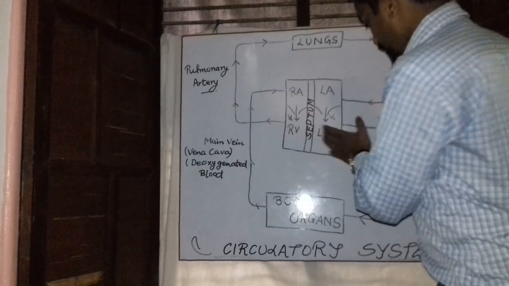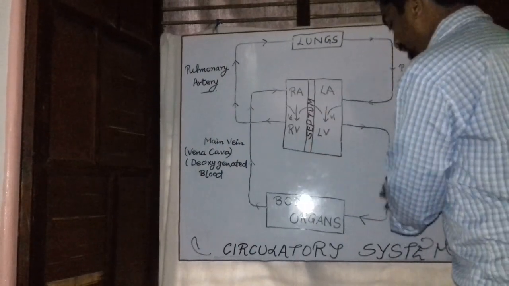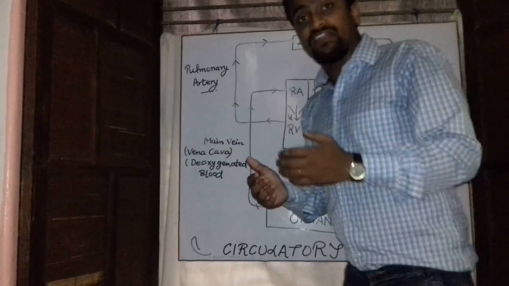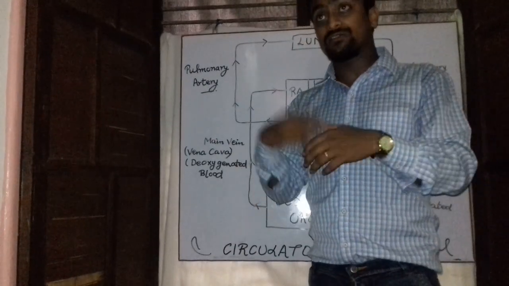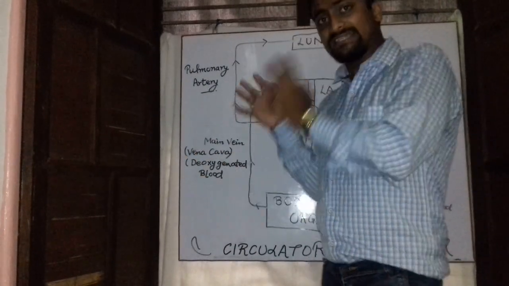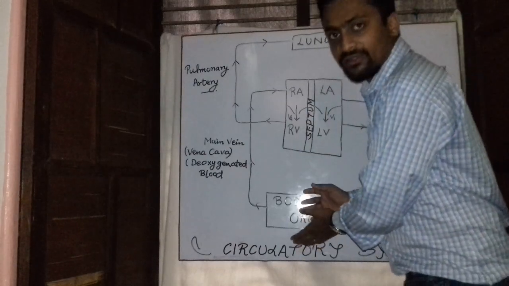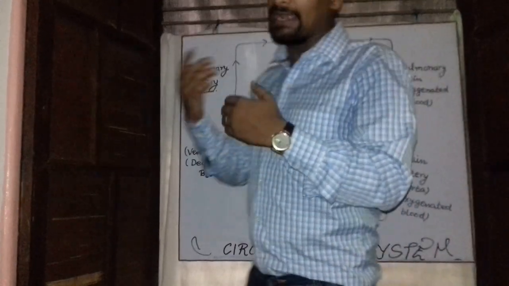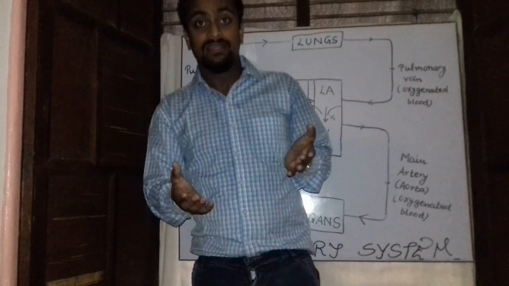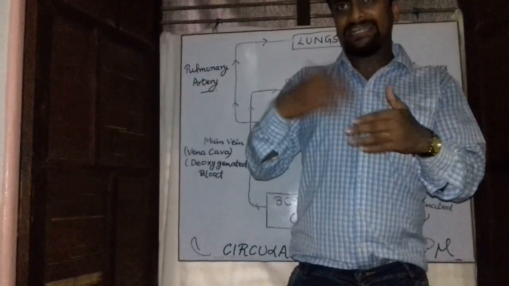Now this blood, with the help of the aorta, further branches into arterioles and then the capillaries. These capillaries and arterioles supply the blood to the body organs. These body organs had carbon dioxide and waste products, so they needed oxygen.